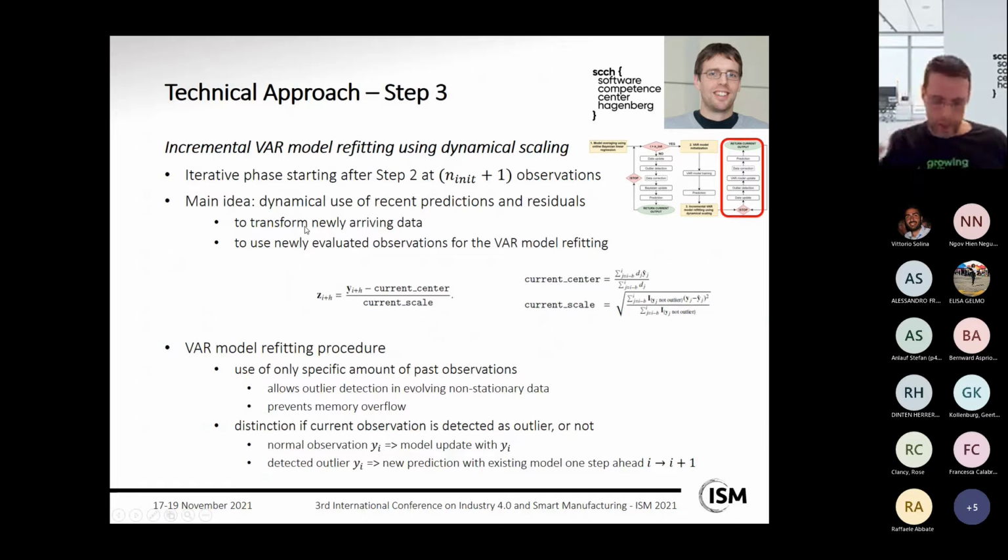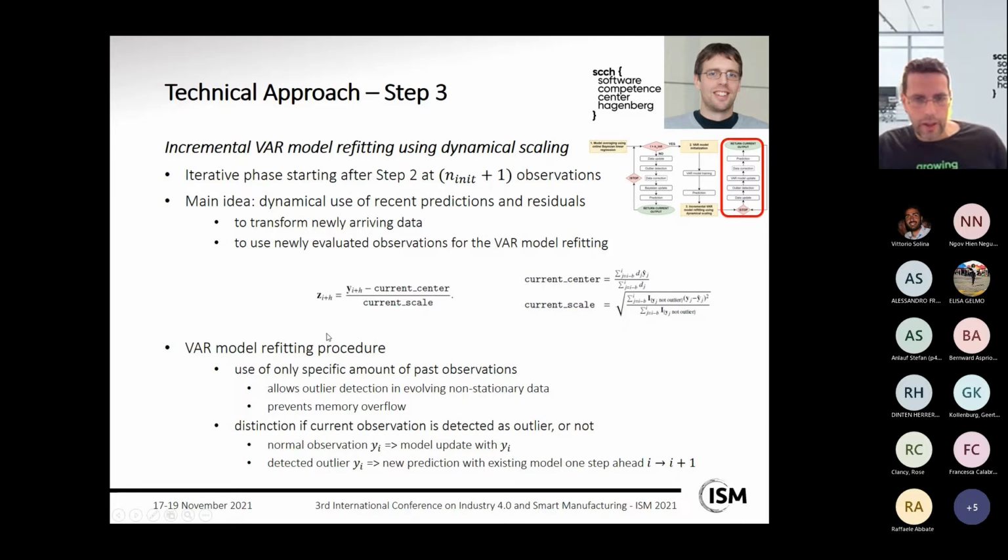And finally, the main phase 3, that is an iterative procedure where the main procedure is that in each step, when a new data point is arriving, I use the recent predictions and residuals of the current model to, in a first step, dynamically transform the newly arriving data point, and then in a second step, to evaluate this new observation with respect to outlierness.